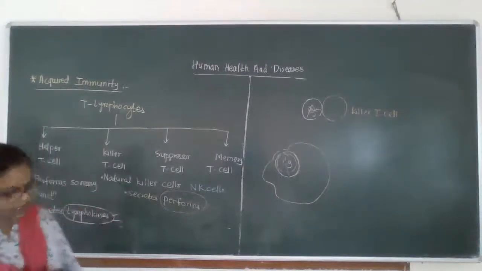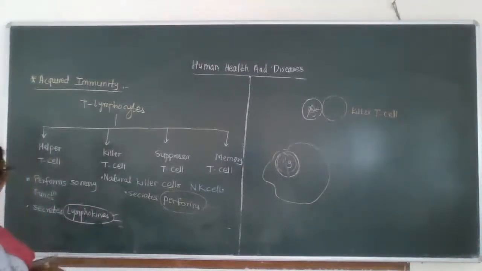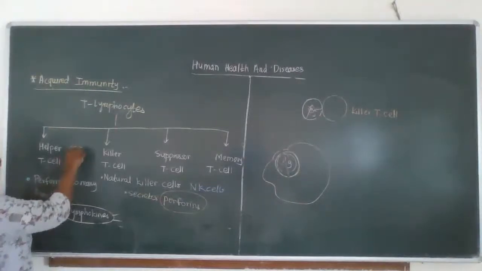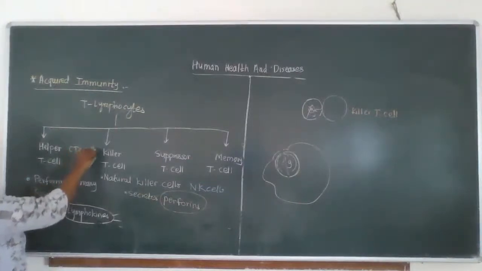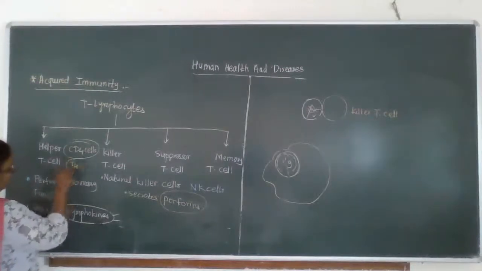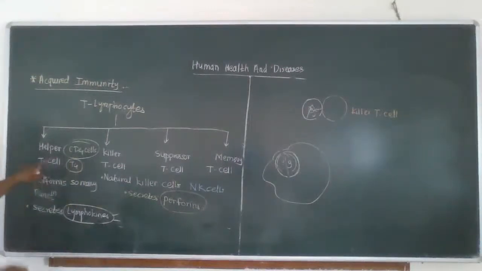The helper T cell is also called by other names. Remember, these are called CD4 cells. Helper T cells are called CD4 cells, or T4 cells.